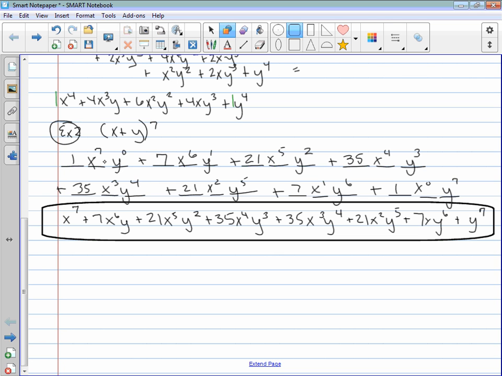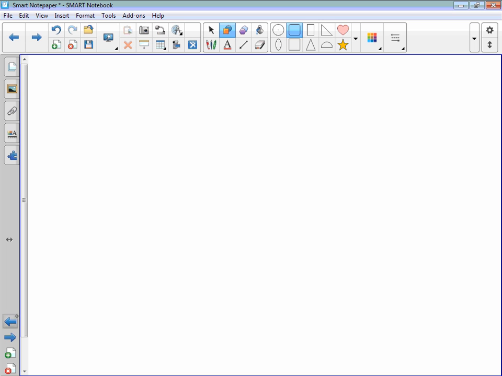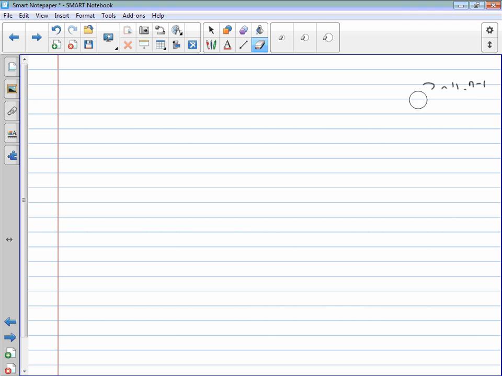All right, now let's make it a little more complicated. That's not really possible, actually. Let me insert a page. Alright, example 3.